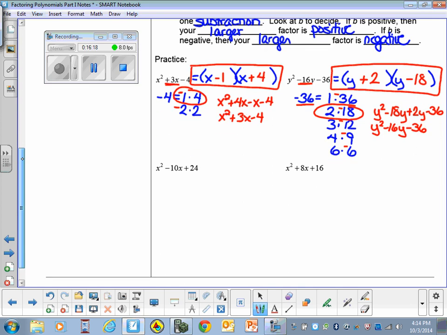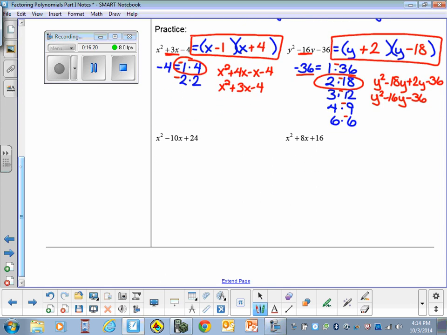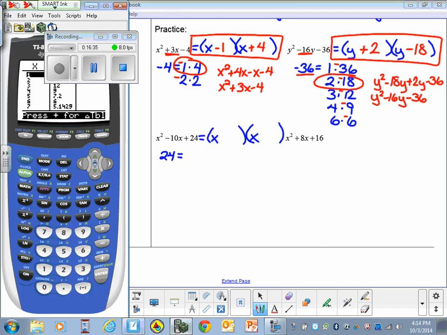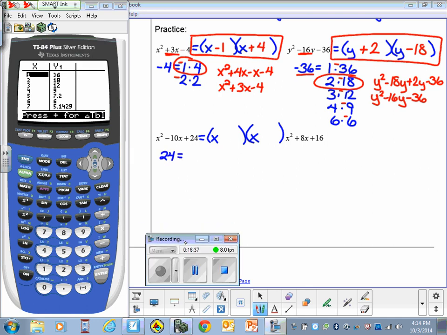Next. Start two sets of parentheses. X and x. Now I have to look at 24. If I don't know my factor pairs of 24, I come back to the scrap calculator. I go to y equals, oops, pen down first.